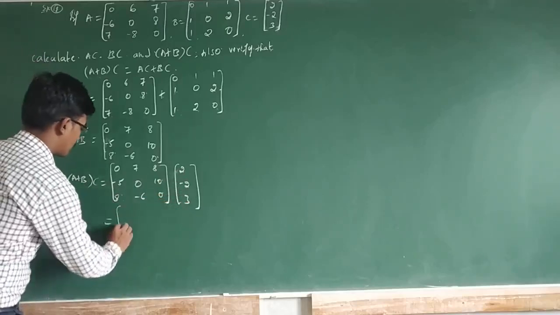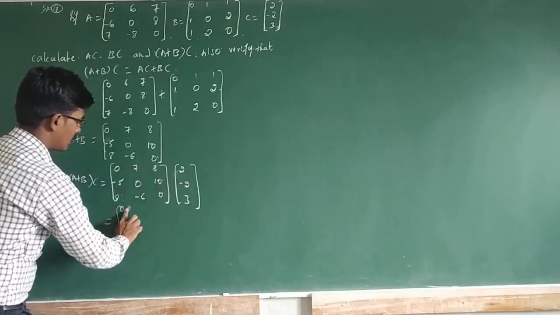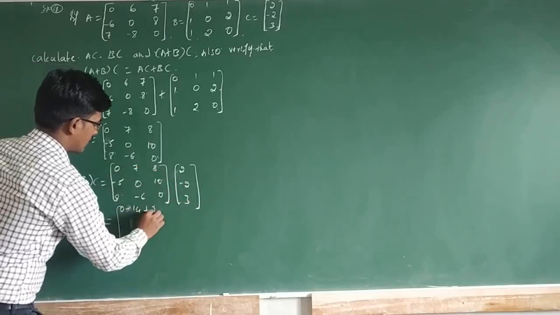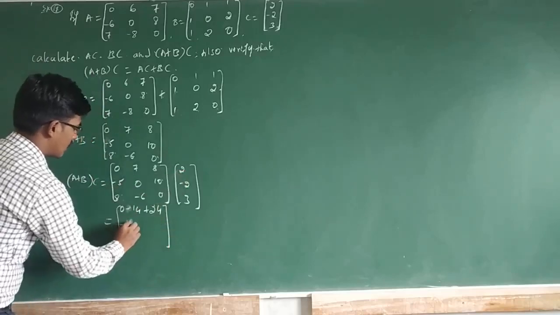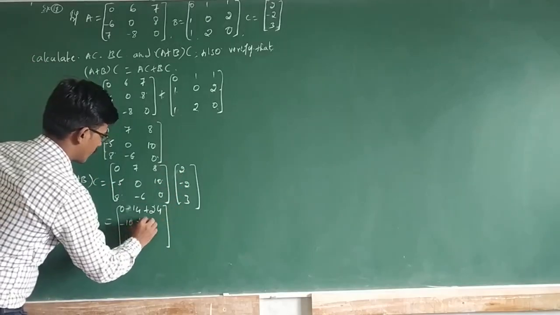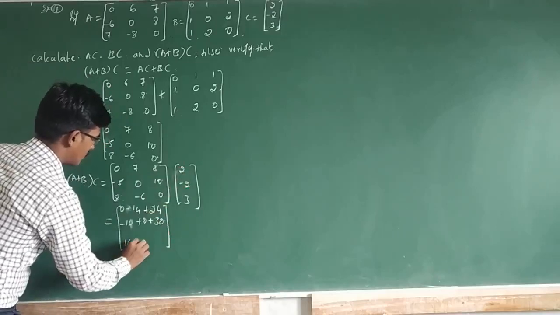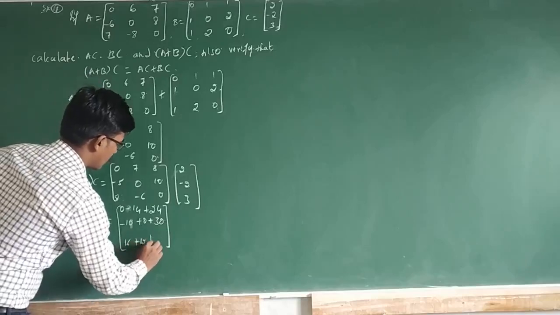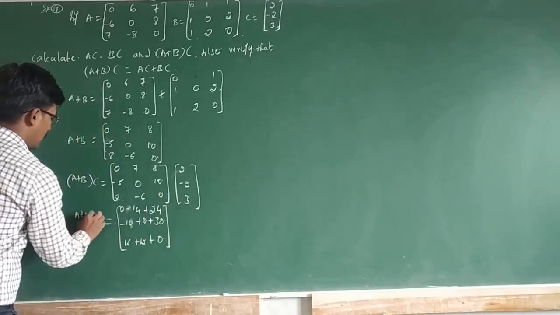So multiply: 0 into 2 is 0, plus 7 into minus 2 is minus 14, 8 into 3 is plus 24. Next, minus 5 into 2 is minus 10, 0 into 2 is 0, 10 into 3 is plus 30. Next, 8 into 2 is 16, plus minus 6 into minus 2 is 12, plus 3 into 0 is 0. This is A plus B of C.